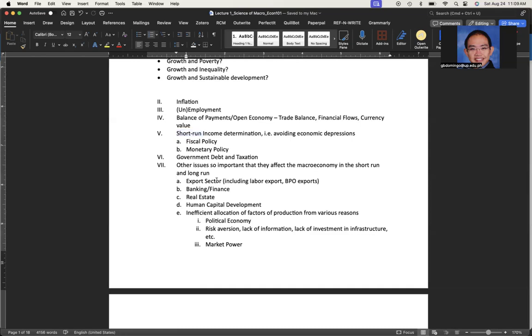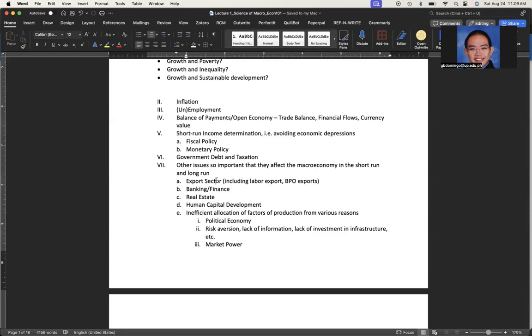Banking and finance, real estate, all of these are, in my opinion, somewhat understudied facets of macroeconomics. So you may be interested in thinking about these things from both a theoretical lens as well as an empirical lens. Next is human capital development, how education is important to not just long run growth, but the macroeconomic job market as well.